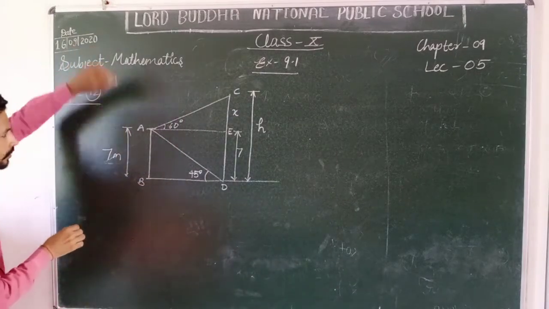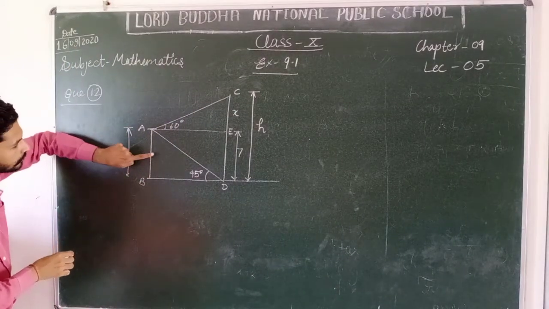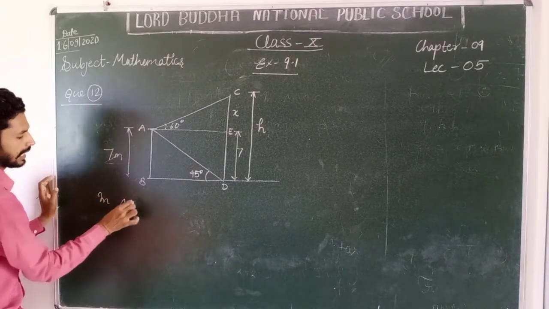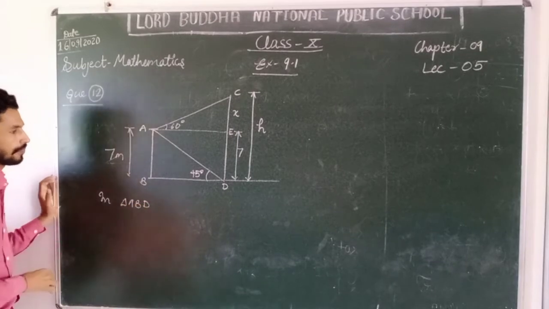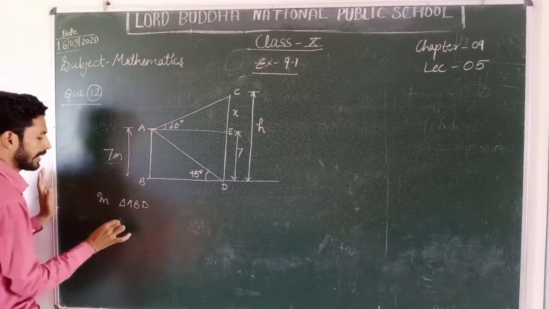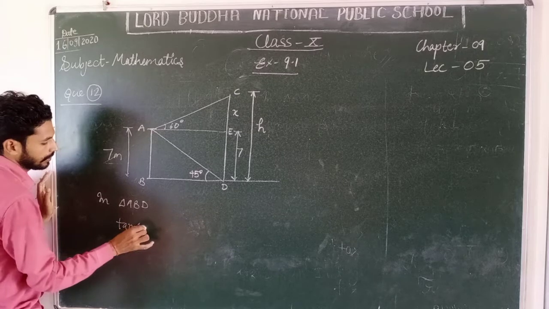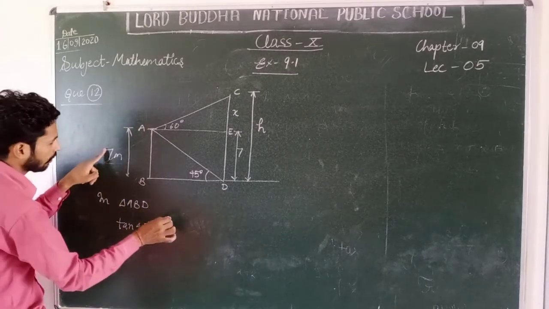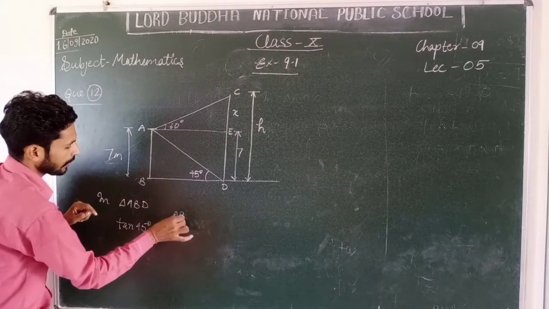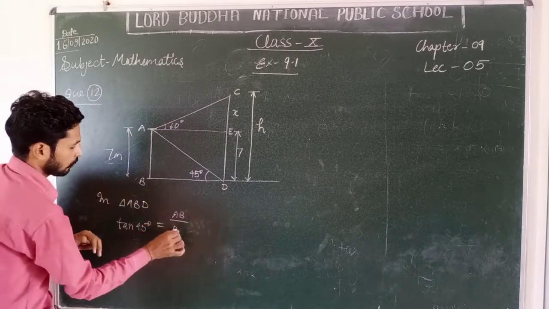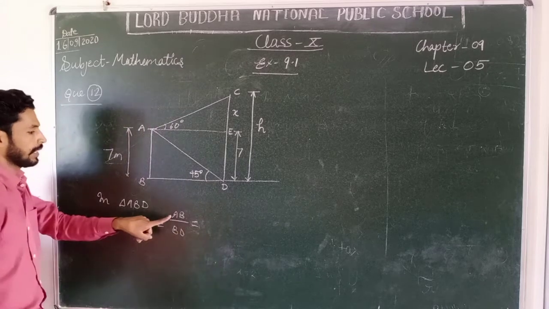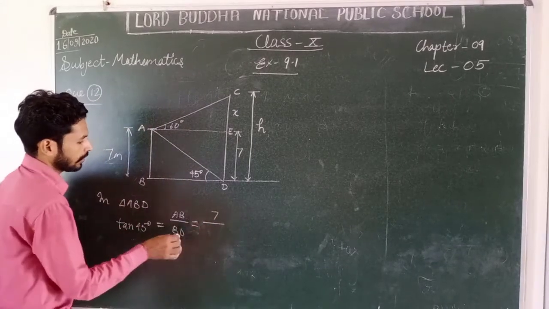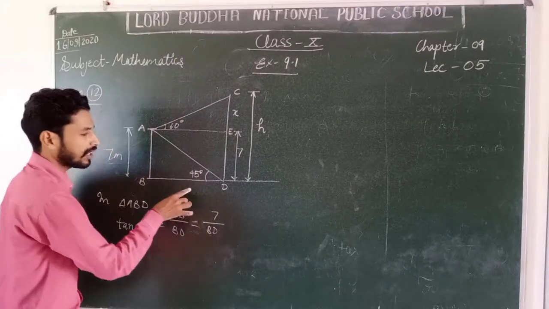Now in triangle ABD, apply tan 45 degree. Tan 45 is equal to perpendicular upon base. Perpendicular is AB, so write AB divided by base, that is BD, equals, in place of AB we can put 7, and suppose BD is what we have to find.